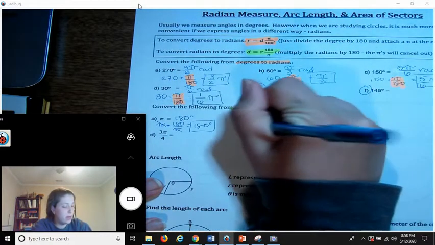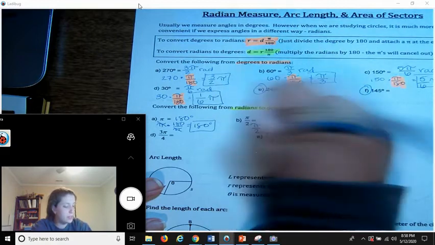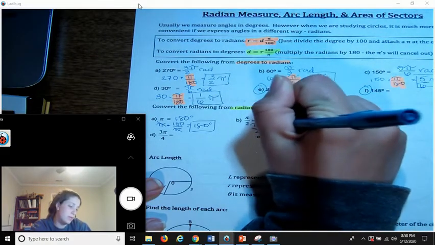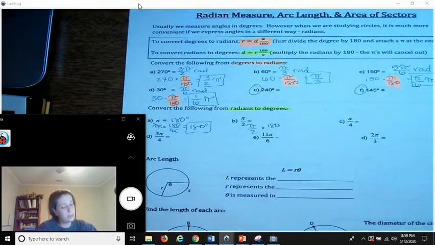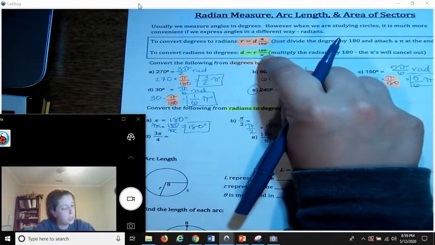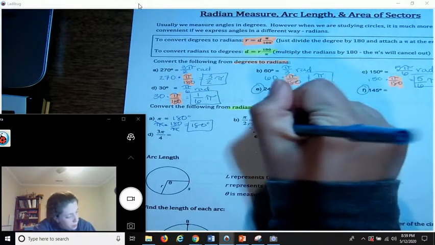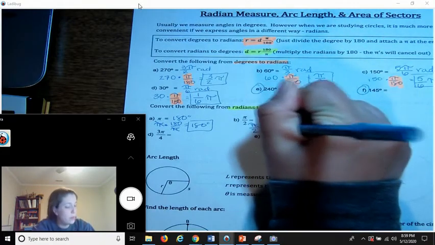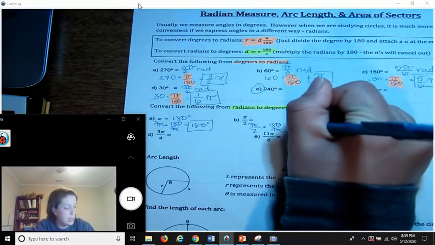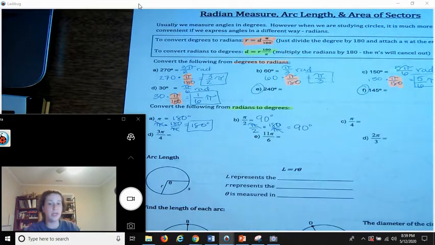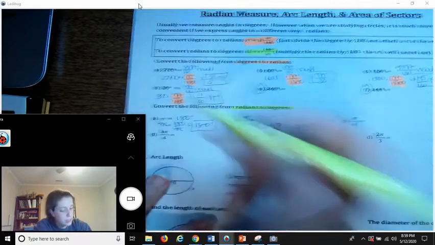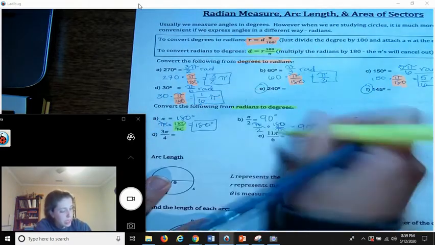Here I have pi over 2. I'm taking my value that I was given, then multiplying by the reciprocal, using this piece right here, 180 over pi. My pi's cancel out. 180 divided by 2 is 90. So I should have 90 degrees is equal to pi over 2 radians. Notice here, it's the 180 over pi that changed.